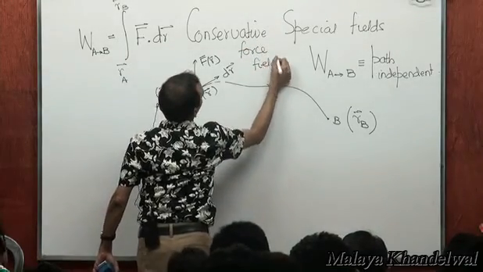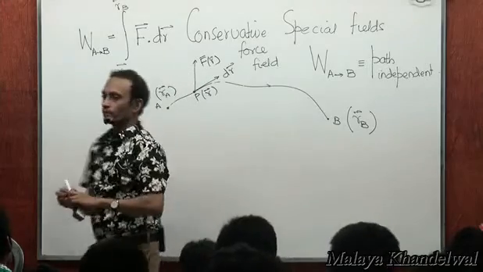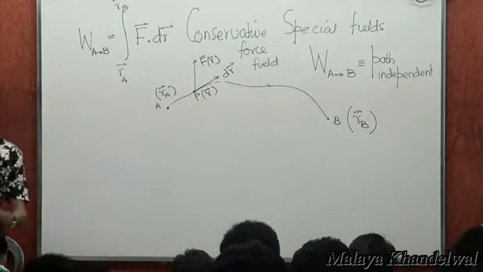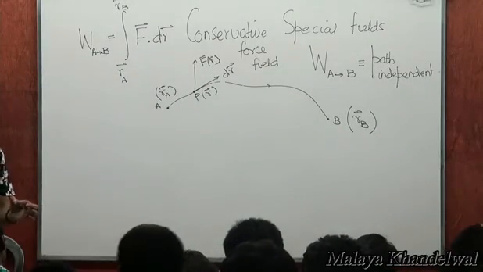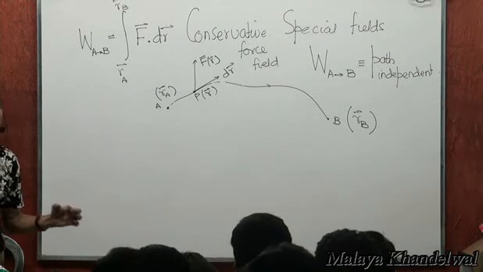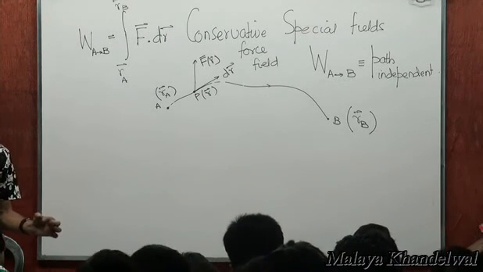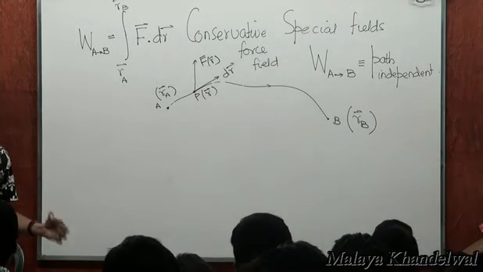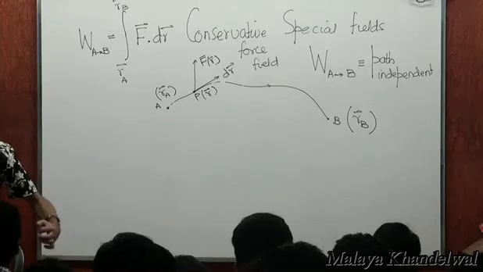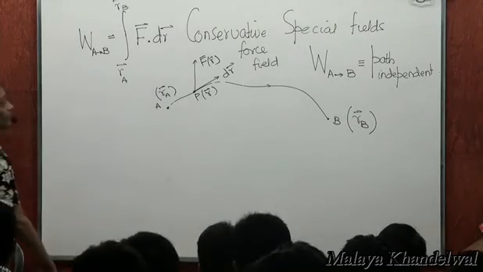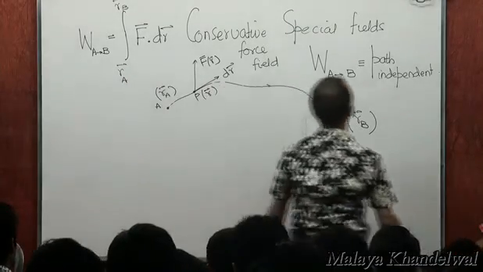Sometimes we'll simply say a conservative force field. Work done from A to B does not depend on what exactly the path might have been between A and B. Such is the character of a conservative force field. Clear? Path independent work done.